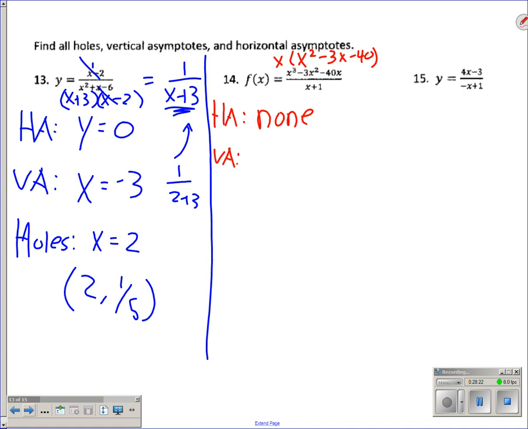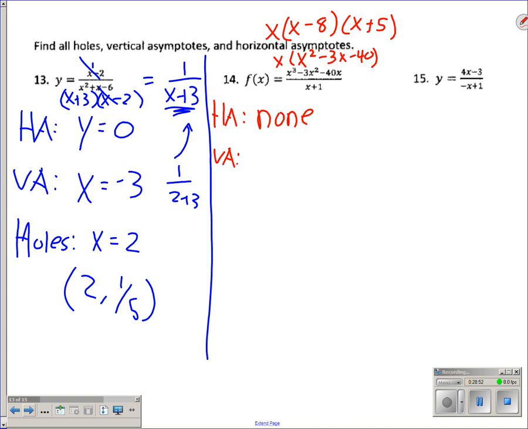How about x plus 8 and x minus 5? 8 times -5 is -40, and they add to -3. Or actually, I apologize, it's the other way around. It's going to be -8 and +5. But regardless, everything on top does not simplify with anything on bottom.